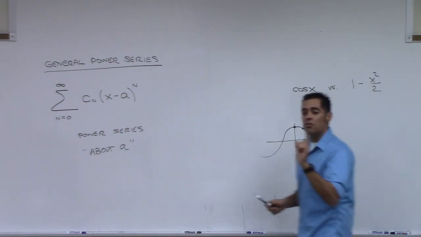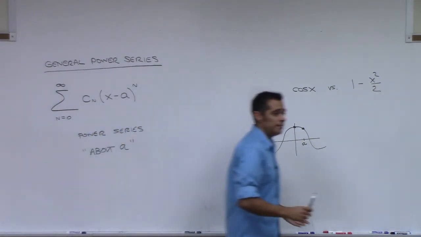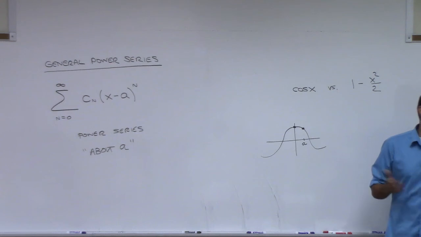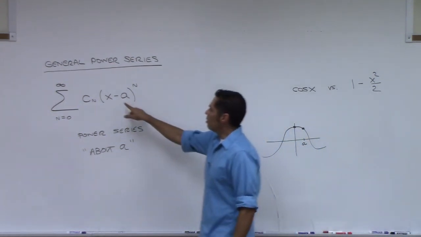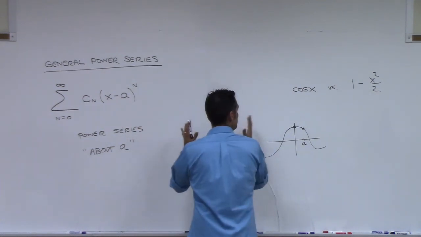So when I first introduced power series a couple of notes ago, what was a? That was 0, right? But now we're saying, in more general terms, we can always subtract a in here. So what is that going to do? It's going to shift it.